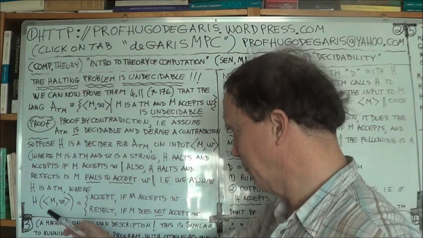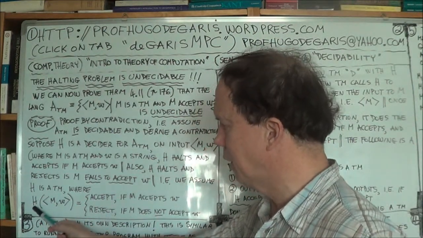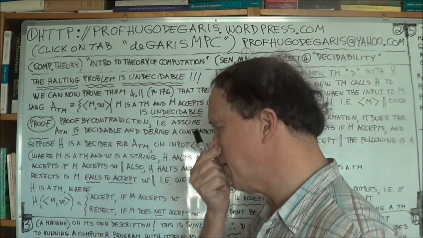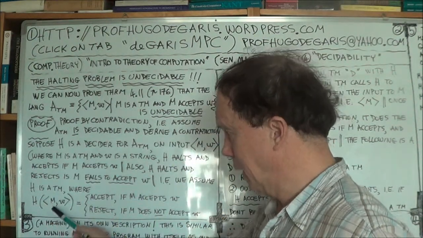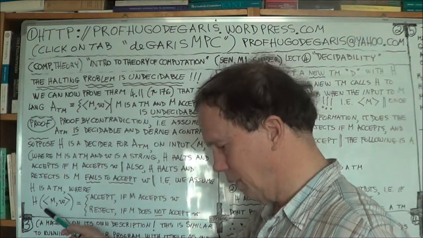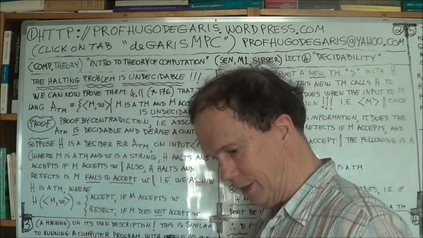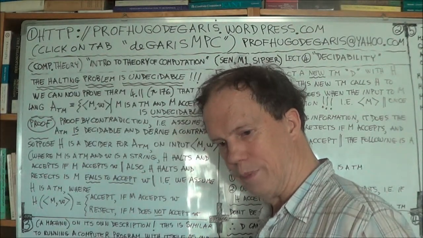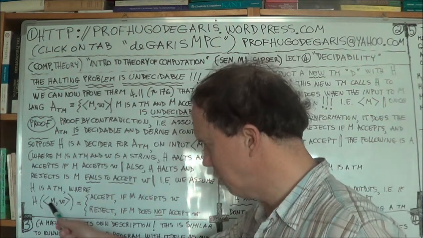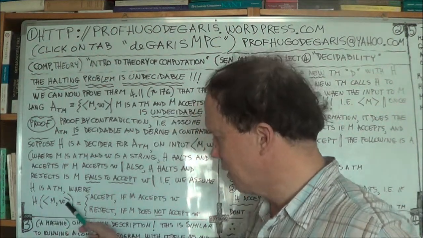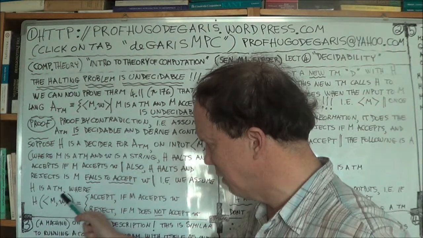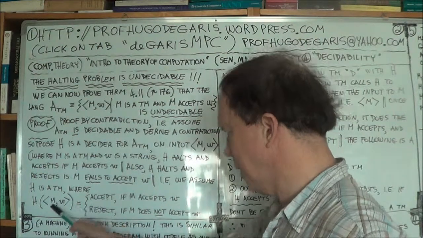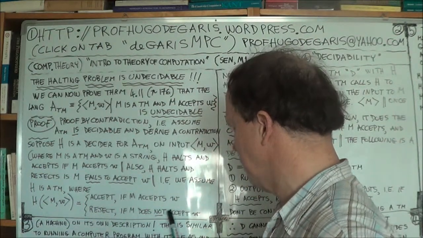So if this is the input string to this machine H, the decider, and it's an ordered pair in string format, an encoding representation of the information about two things, the Turing machine and the string, then H acts on this string, and its output will be accept if M accepts W, and it'll be reject if M does not accept W.